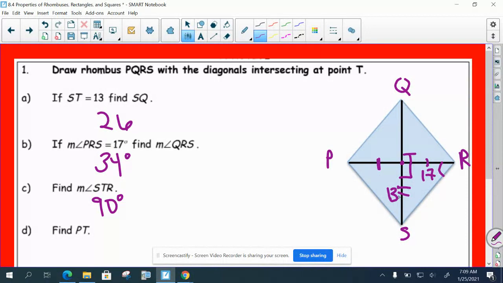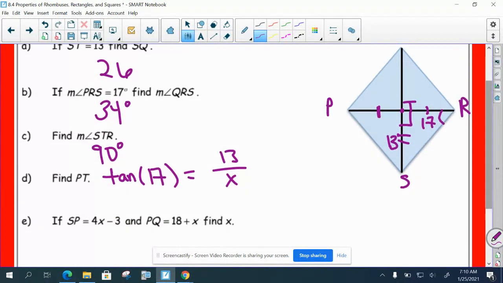We can use one of the trig functions to figure out TR. If we look at this as a right triangle, we know the opposite side, and we're looking for the adjacent side, so we would use the tangent. The tangent of 17 equals opposite, 13, over adjacent, which is what we're trying to find. Put this over 1, cross multiply, and we get x times the tangent of 17 equals 13.